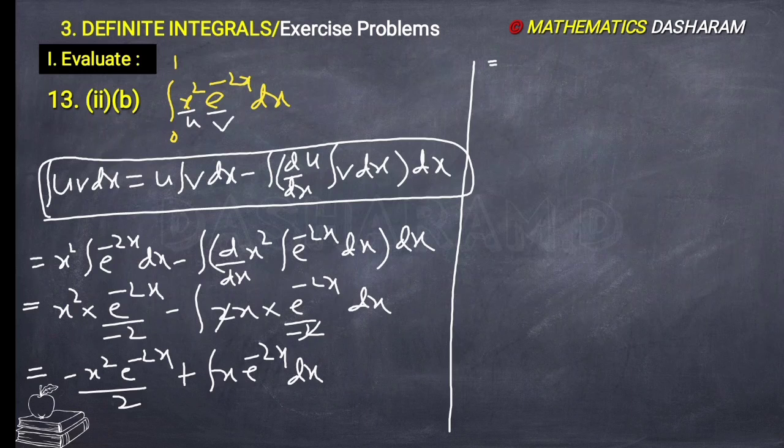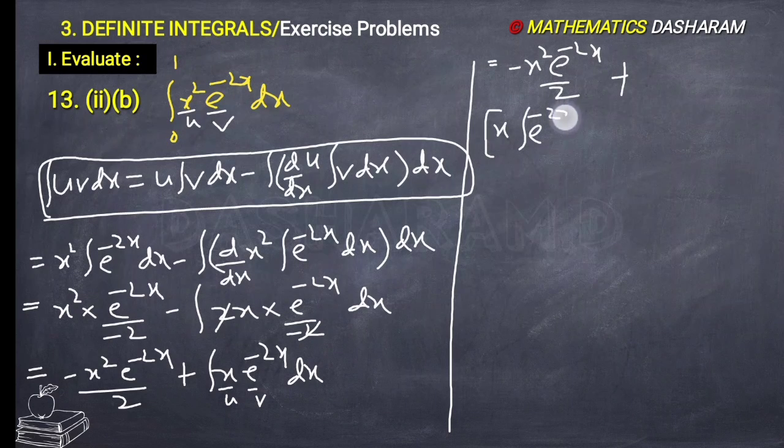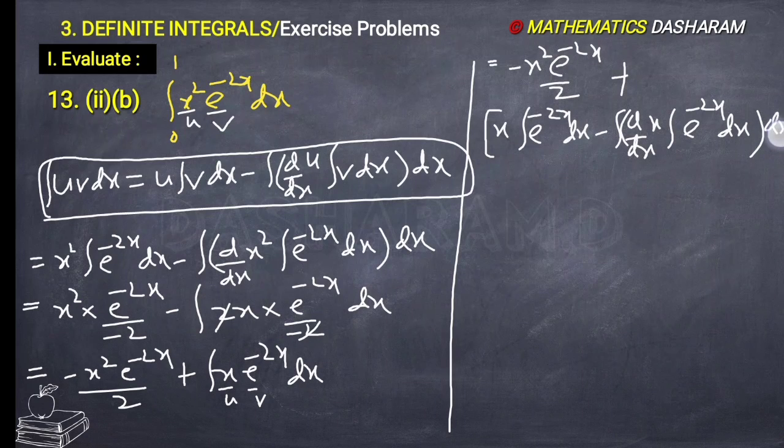Once again apply the product formula here. This is u and this is v. So then minus x square into e power minus 2x divided by 2 plus bracket x into integration e power minus 2x dx minus integration d by dx of x integration e power minus 2x dx next to all dx.